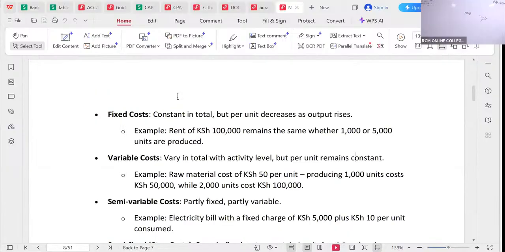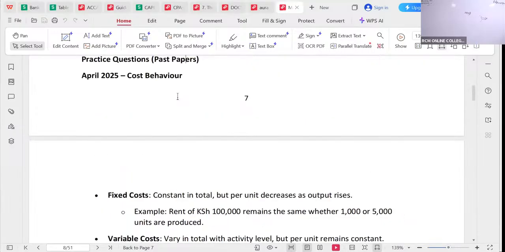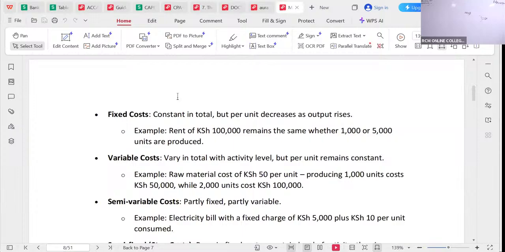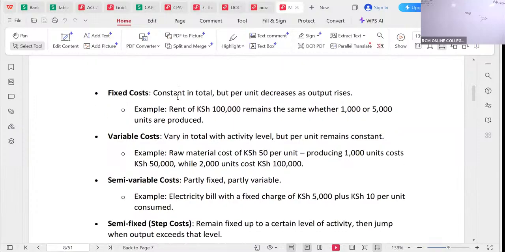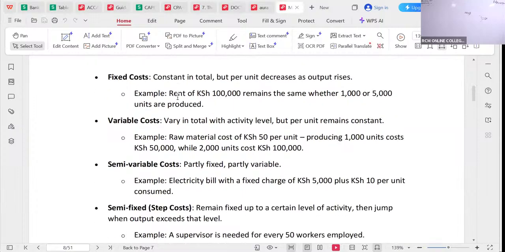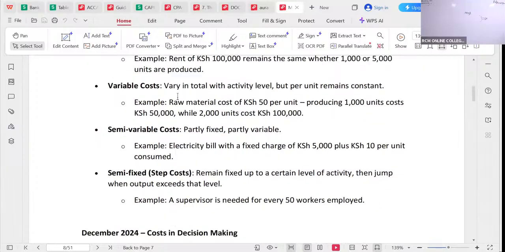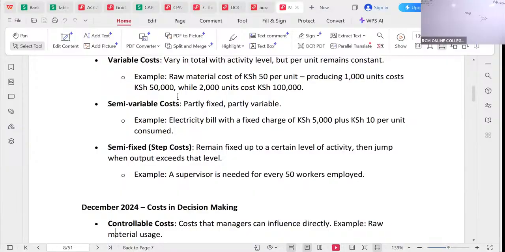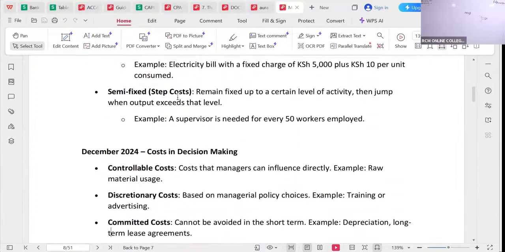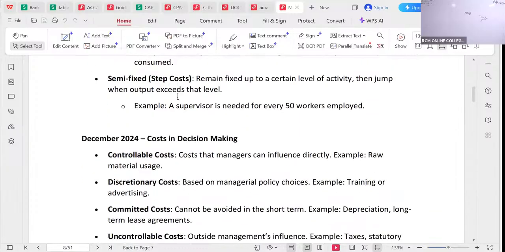But basically they asked us about cost classification in accordance to behavior, of which we have fixed costs, variable costs, semi-variable, and then we have semi-fixed, what they're also calling step costs. Then we have costs in decision making, where we have controllable costs, discretionary costs, committed costs.